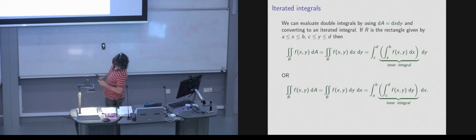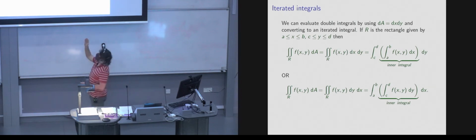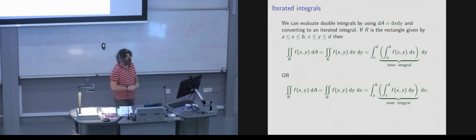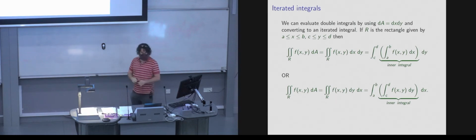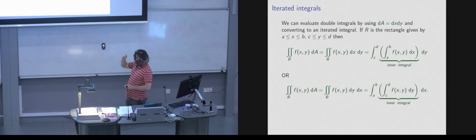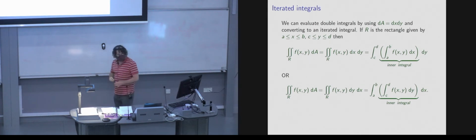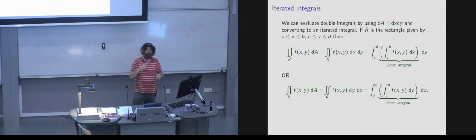And so if we have this rectangle where x goes from a to b and y goes from c to d, we can write the double integral integrating with respect to either one of the two variables first. So in the top there, we integrate with respect to x first, and we just hold y constant and do this integral with respect to x between the limits from a to b. And then once we've done that, we do the outside integral and integrate the result with respect to y.